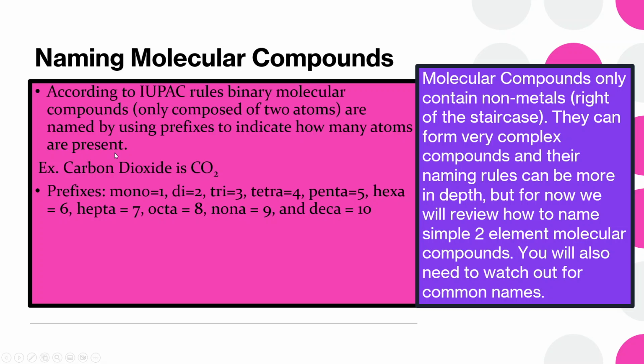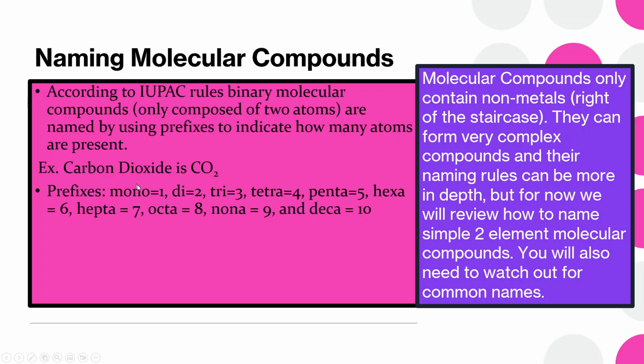The prefixes you need to know are mono is 1, di is 2, tri is 3, tetra is 4, penta is 5, hexa is 6, hepta is 7, octa is 8, nona is 9, and deca is 10. We don't usually name much beyond this, so those are the main ones to know, and if you run into something higher, I guess you'll just have to look it up.